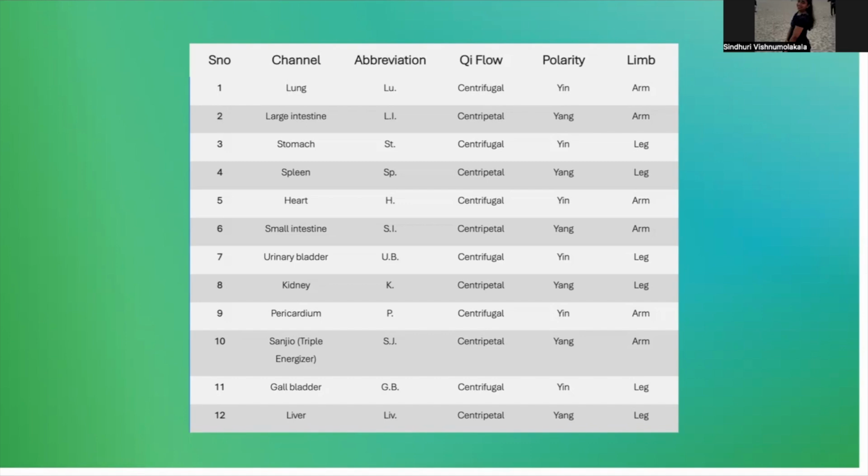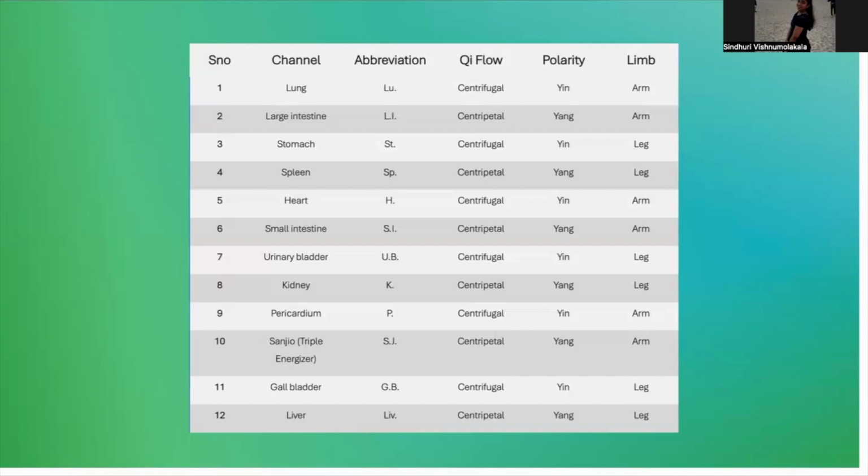Now moving on to the leg, the 3 yin channels of the leg are stomach, urinary bladder, gallbladder. And the 3 yang channels of the leg are spleen, kidney, and liver.